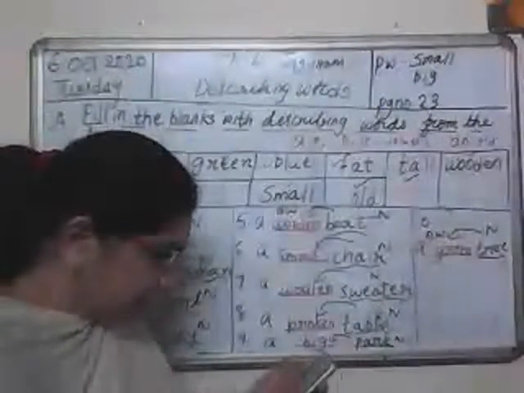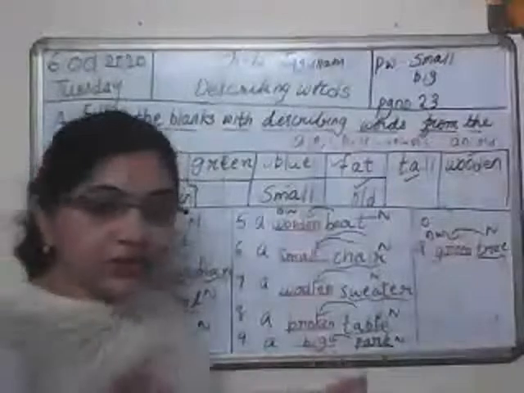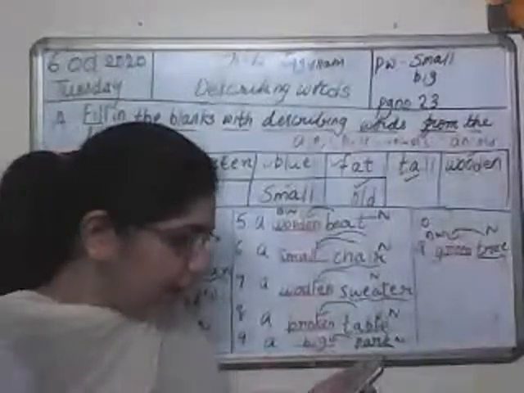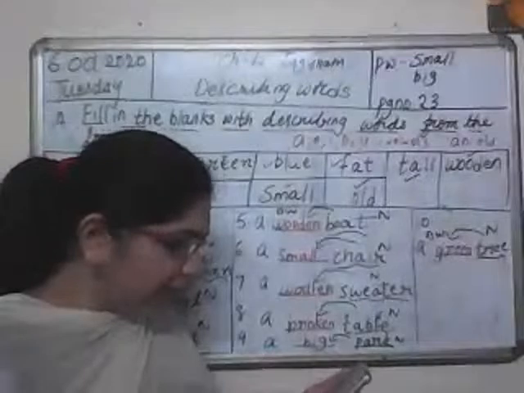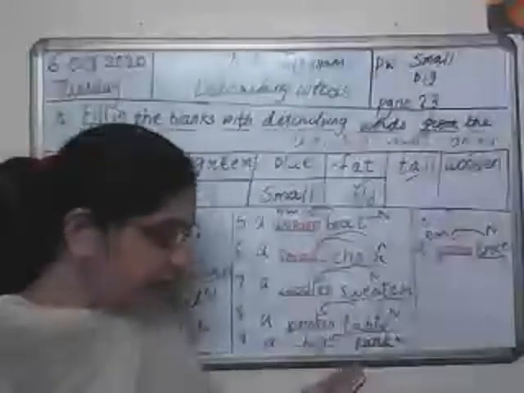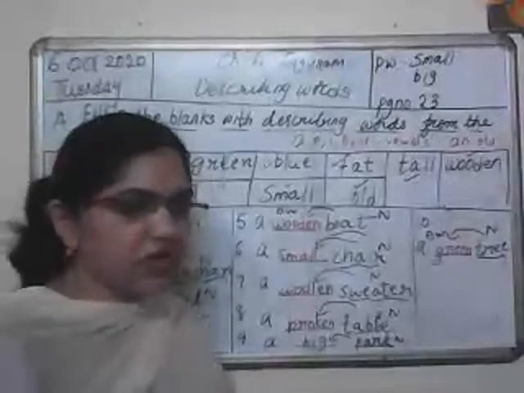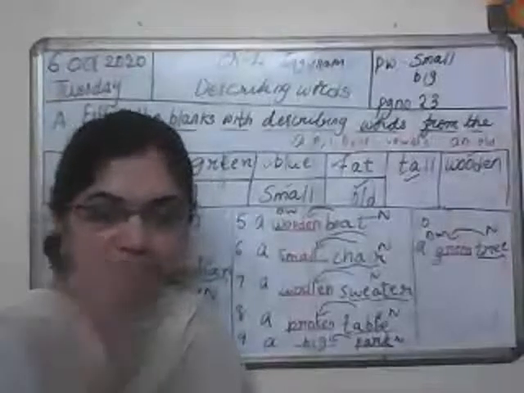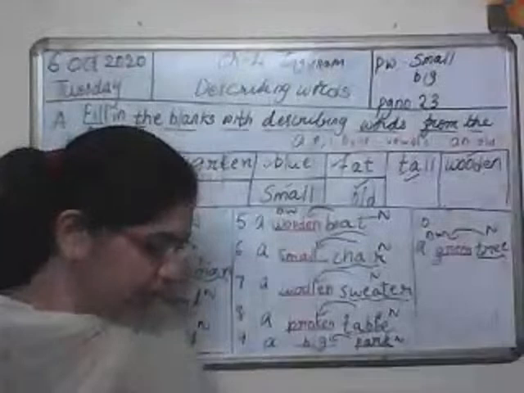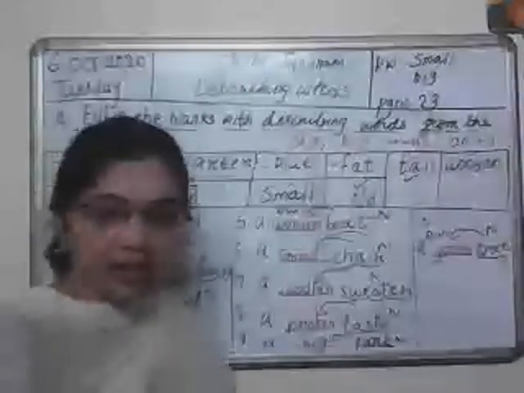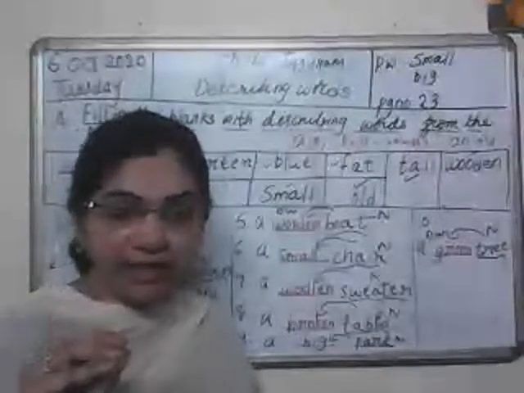So after this, you have this. Encircle the describing words. Exercise B, you have 10 sentences. What we must do is read the sentence and circle the describing word. 10 sentences are there. I will tell you 5 sentences. Remaining 5 sentences are your homework.